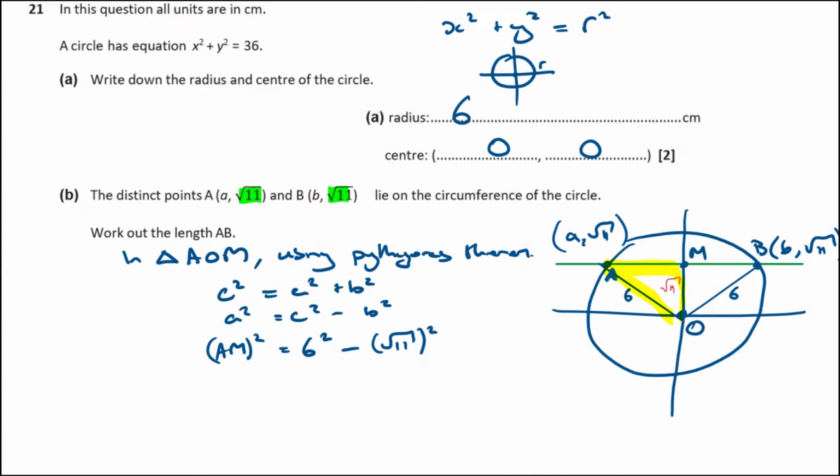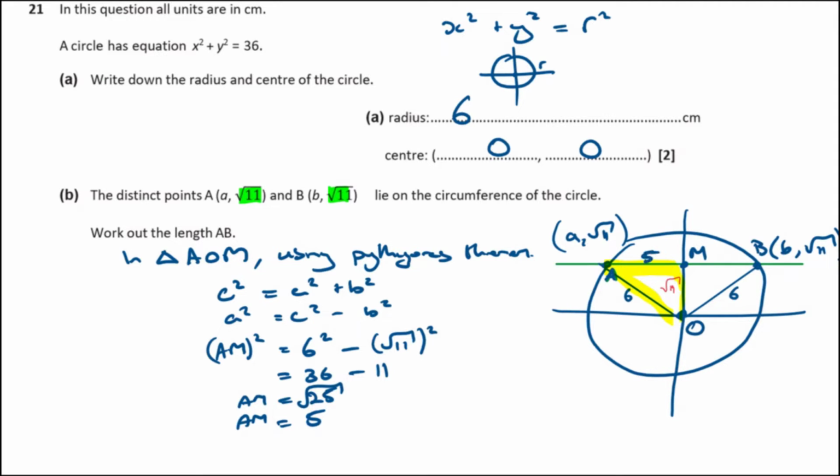Okay, well, 6 squared is 36, root 11 squared is 11, so it's going to be 36 minus 11. Oh, it's 25. Look, that's nice. So then that means that AM is going to be the root of 25, which is equal to 5.